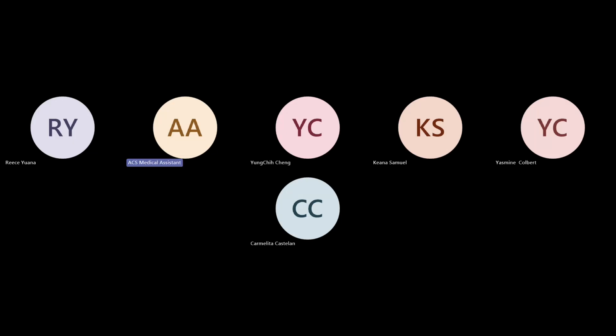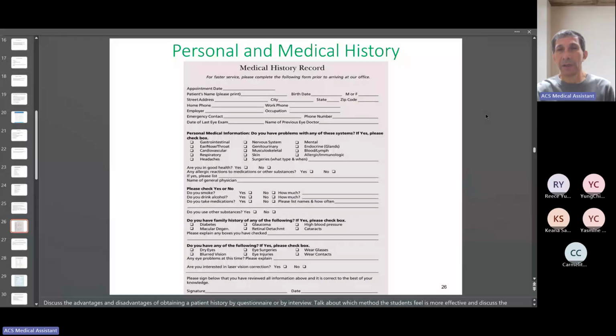Again, we are talking about personal medical information. Remember, we are talking about the types of formats that we use to enter patients' information inside the medical record, so the chart of the history of the patient.